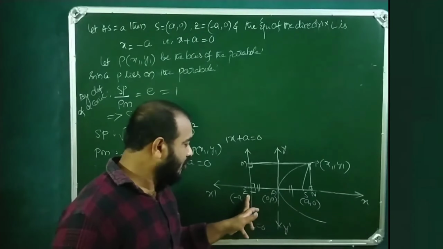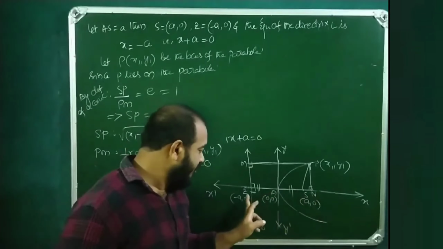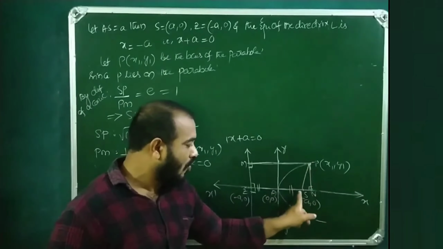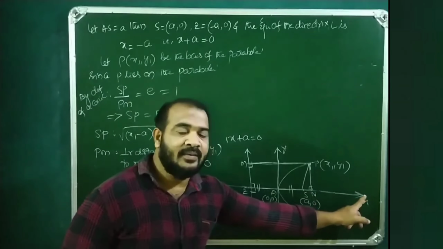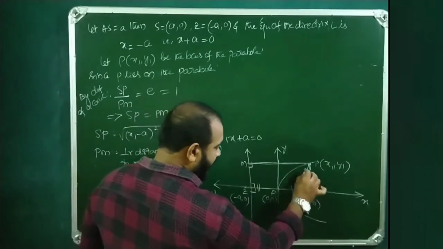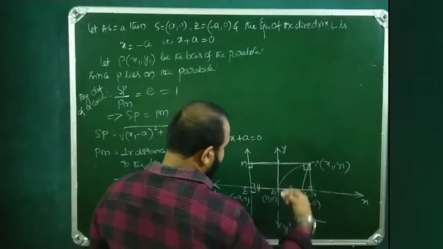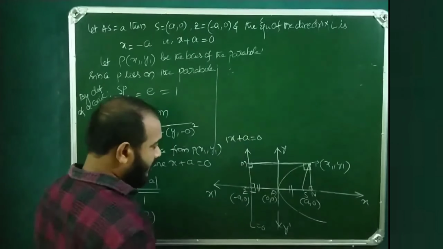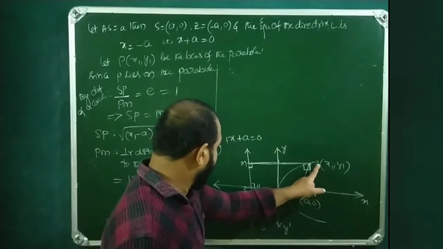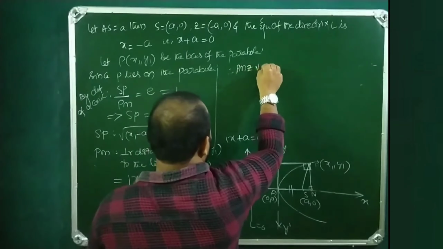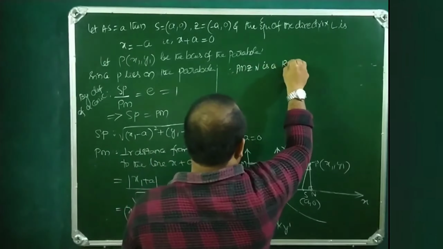Z is the projection of S on L equals to 0, and N is the projection of P on SZ principal axis. Therefore, this is 90, this is 90, this is 90. So this also should be 90 degrees. Therefore, PMZN is a rectangle.